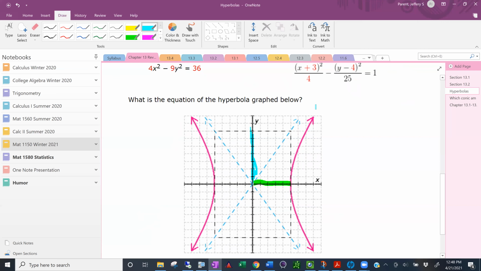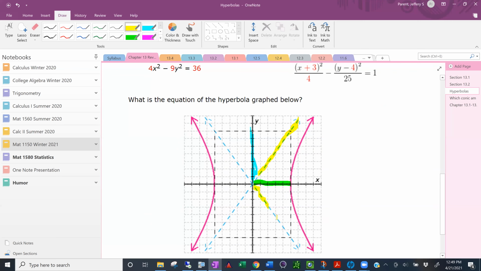So these red lines, or kind of purplish pink lines, extend out in either direction and get closer and closer to this blue diagonal line. I'm going to highlight that blue diagonal line in yellow. But your graph here is going to get closer to the asymptotes in either direction.